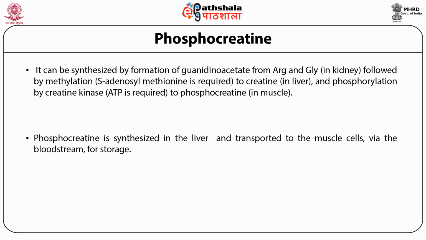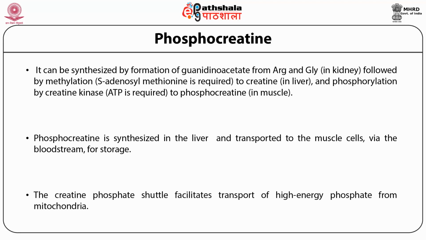And this creatine synthesized in the liver is transported to the muscle cell via the bloodstream for its storage, and the creatine phosphate shuttle facilitates transport of this high energy phosphate from mitochondria.